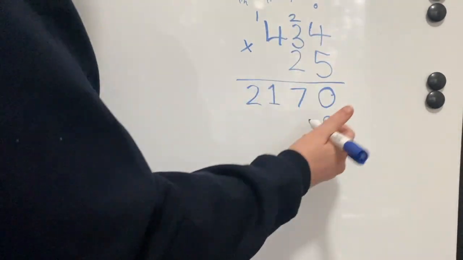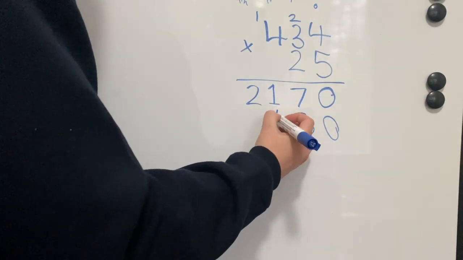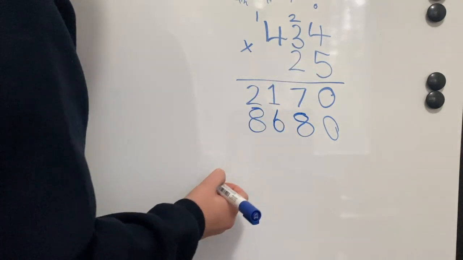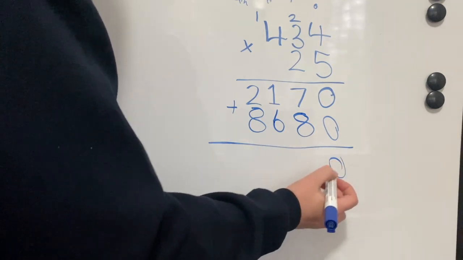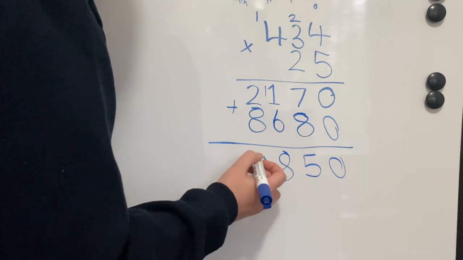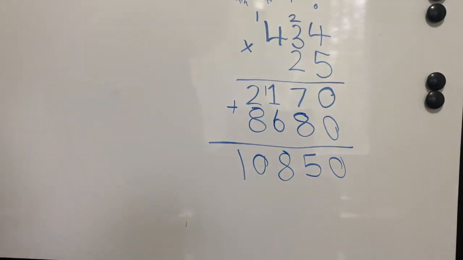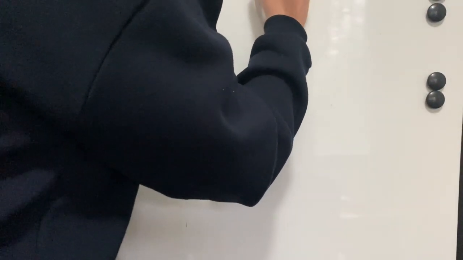So 2 times 4 is 8. 2 times 3 is 6, and 2 times 4 is 8. Okay, then like when we did the expanded method, you need to plus everything together. 10,850.